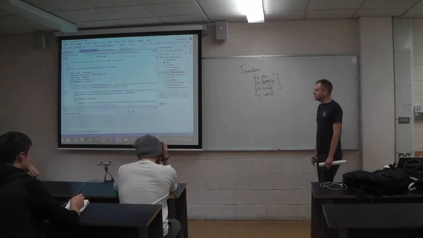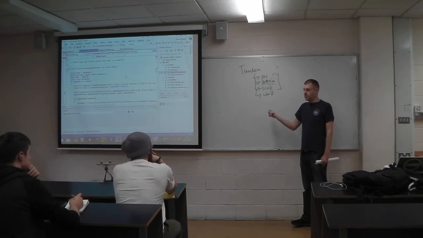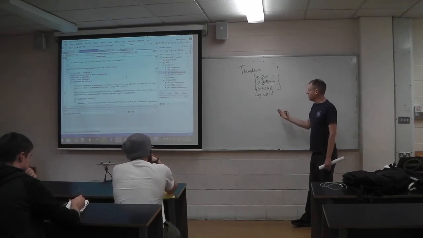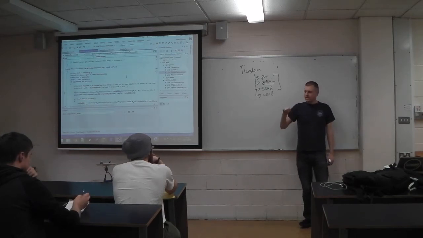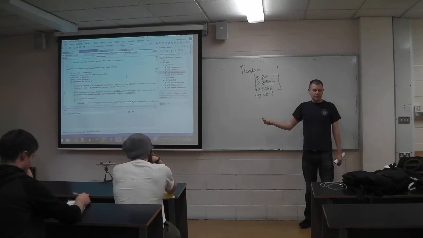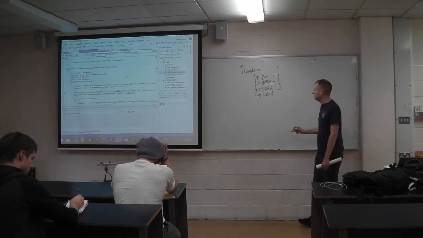The shader takes each one of those vertices and multiplies it by the world transform, the view, and the projection transform matrix. The world is also known as the model matrix. Basically it gets multiplied by those three matrices, and it ends up in 2D space on the screen. That's what the shaders do.